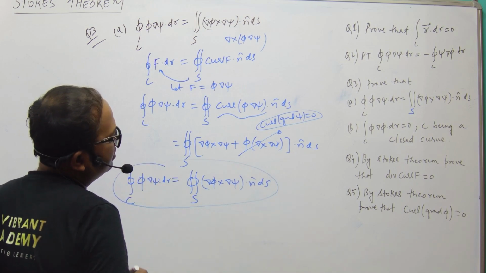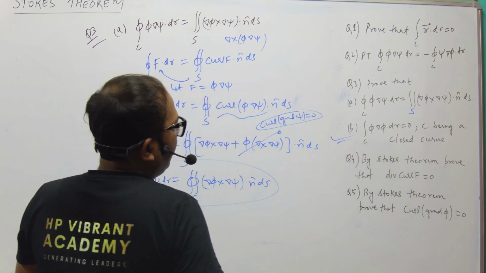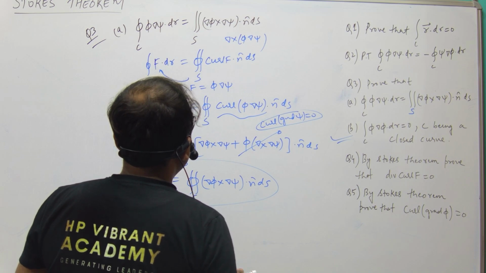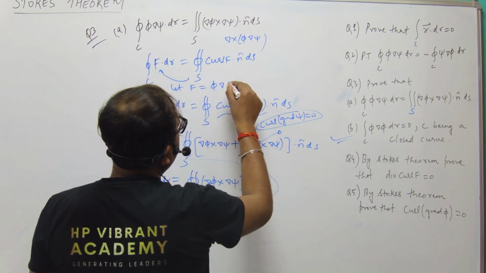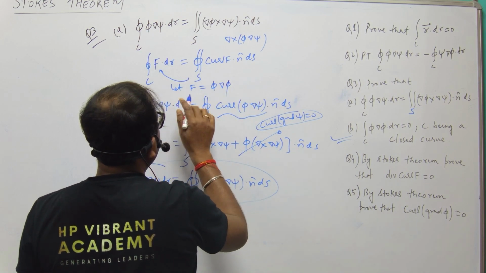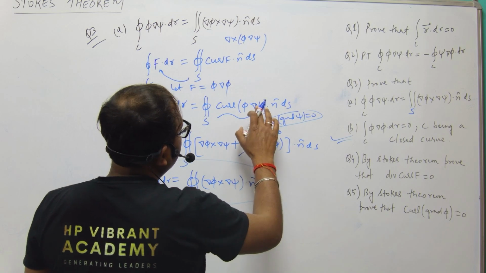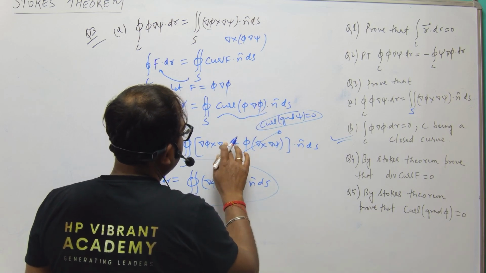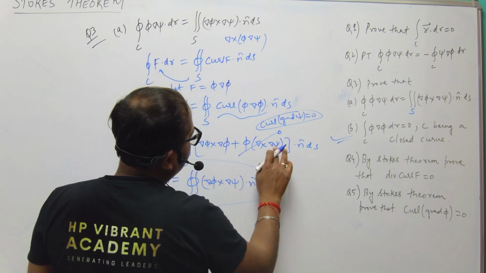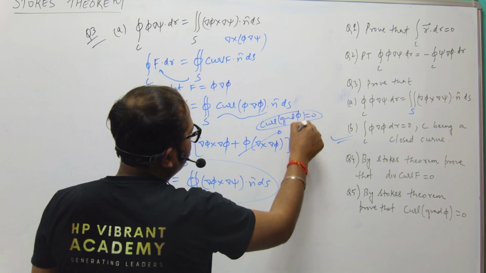Okay, now let us discuss part B. For this, let us replace psi with phi. Curl of gradient of phi is equal to 0.